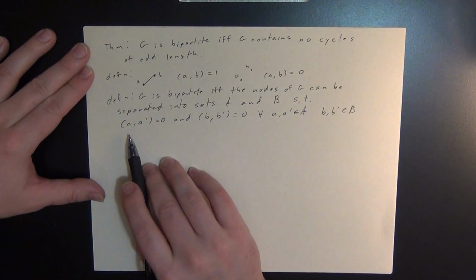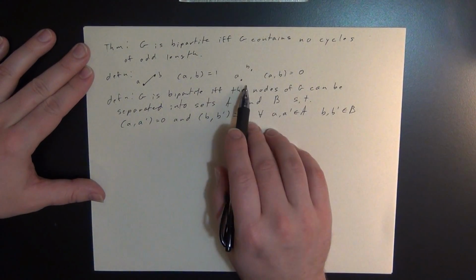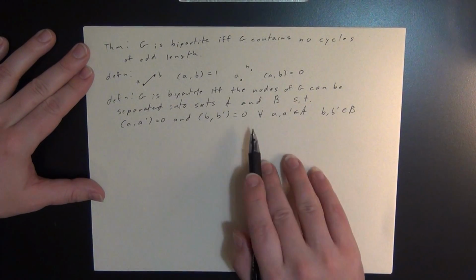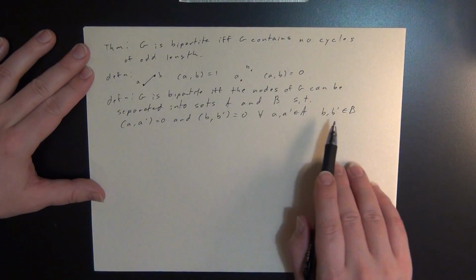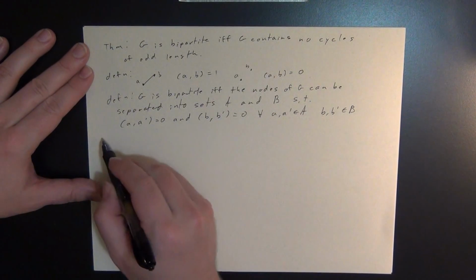So this is saying A, A prime is 0, and B, B prime is 0, so A and A prime are not connected, B and B prime are not connected, for all A and A prime in A, and for all B and B prime in B. Alright, so that's what it means to be bipartite.